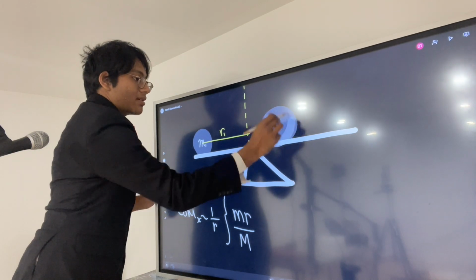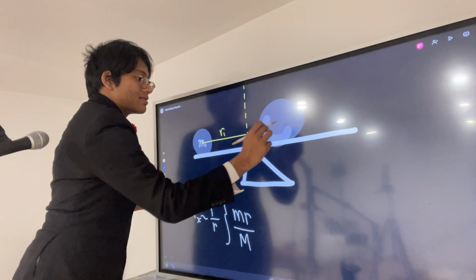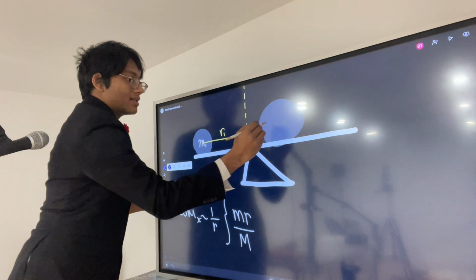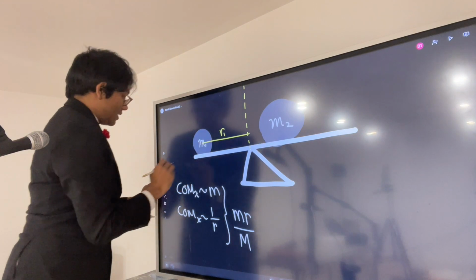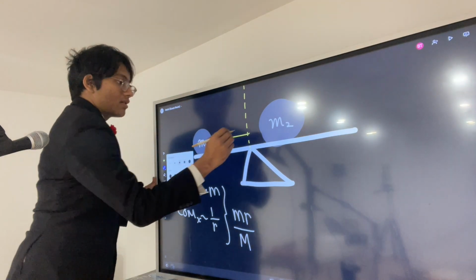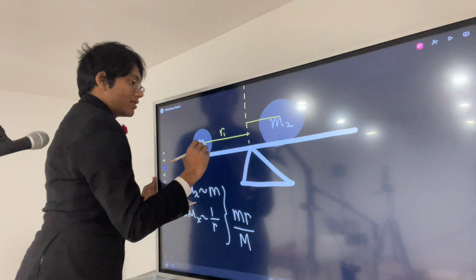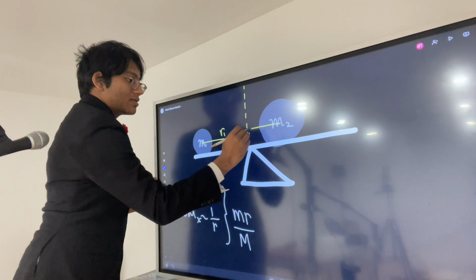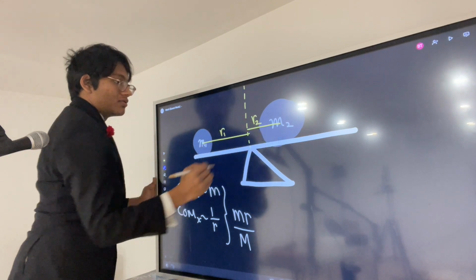Let's say this mass is a bit bigger. So you can tell this mass is much bigger than the other one. We'll call it M2, and let's say it's a radius R from the center. Let's actually draw it from the center to here. So let's say this is R2.